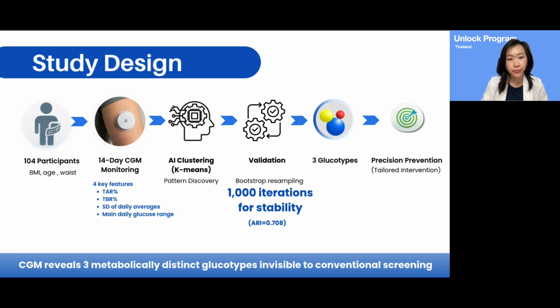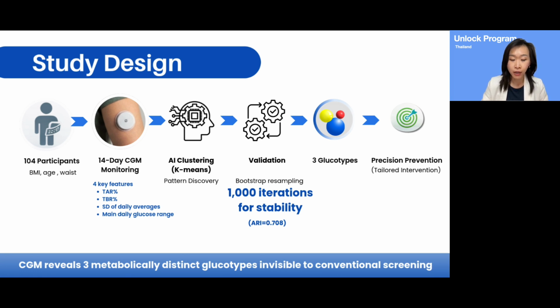Mean data completeness was very high at 99.6%. To identify hidden metabolic phenotypes, we applied unsupervised K-means clustering using 4 CGM-derived features: percent time above range, percent time below range, standard deviation of daily averages, and mean daily glucose range.